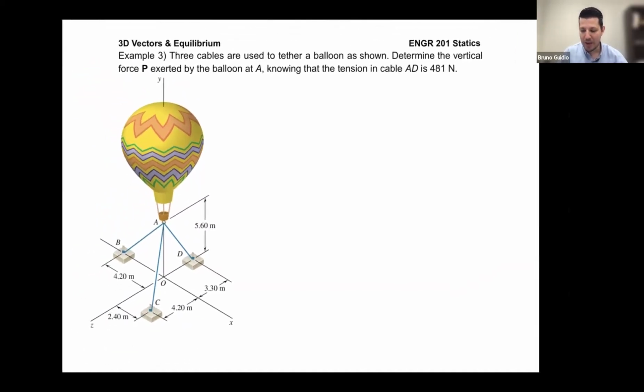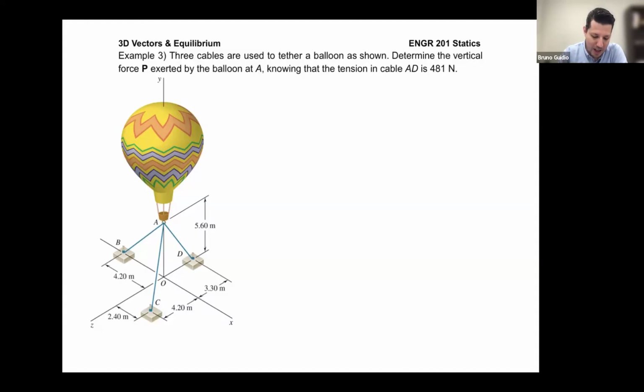I think someone asked me about the positive Z, and I said yes, always that way. But one thing that you can move around is the origin of the coordinates, where your origin is starting. And this problem is already given to you.